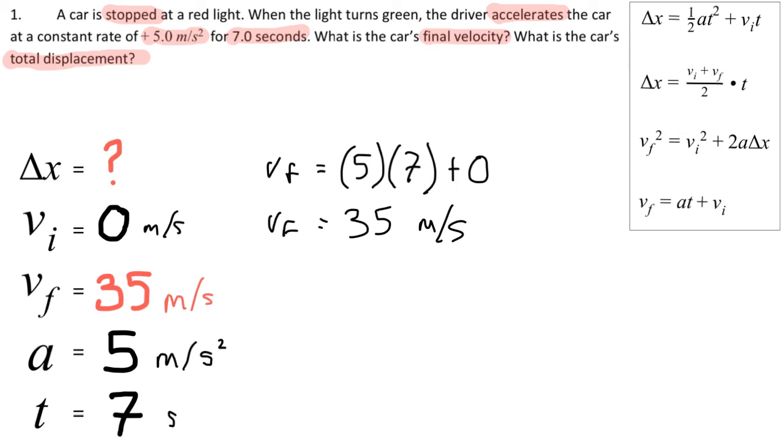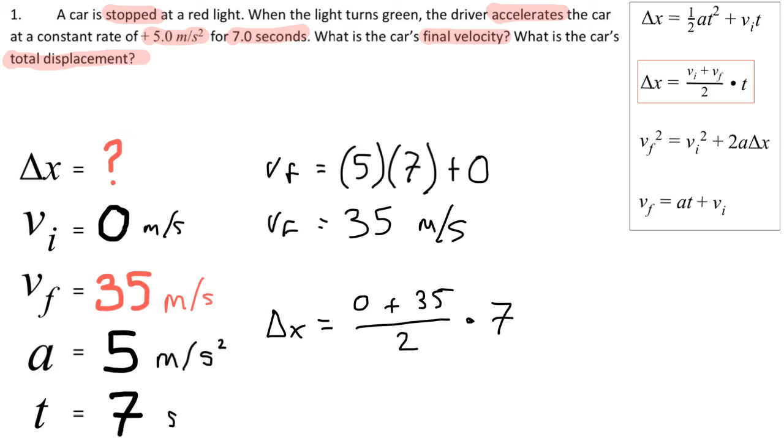Now to find the total displacement, we could really use any one of these except for the last one. So let's just pick the second equation. We substitute again. We have delta x equals initial velocity is 0 plus final velocity is 35 over 2 times 7.